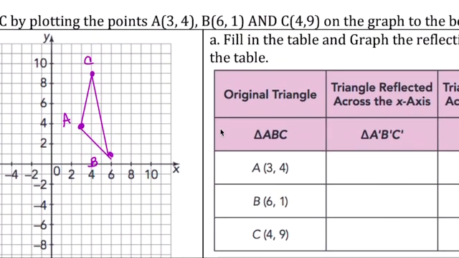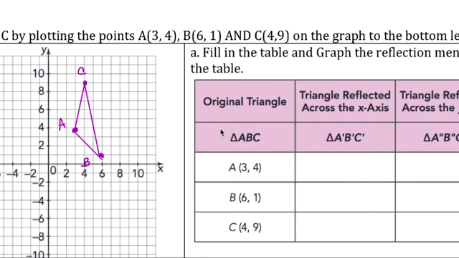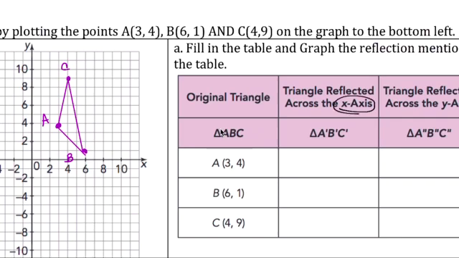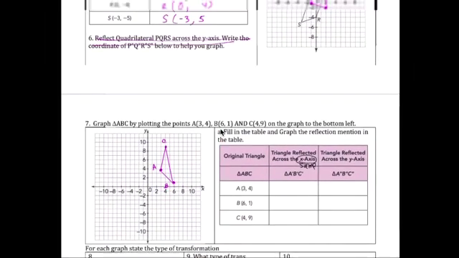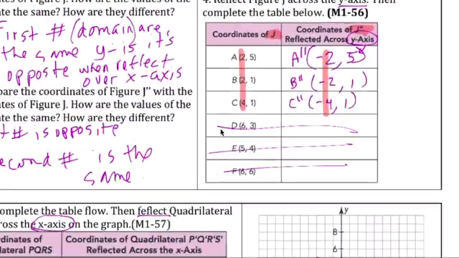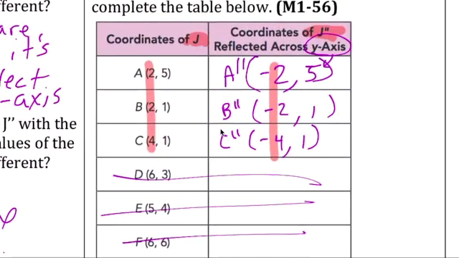Okay. So, we want to reflect over the x-axis. X is the same here. Reflect over the y if you look at this. Y is the same when we reflect over the y.